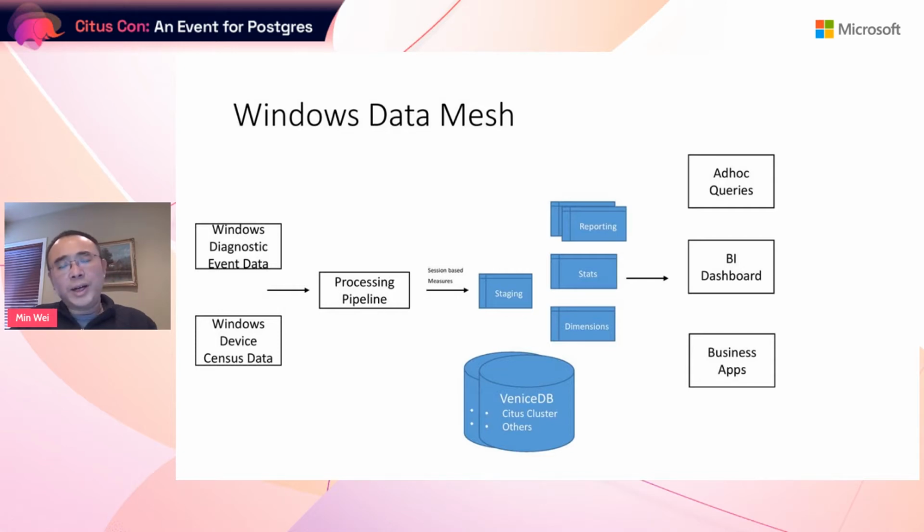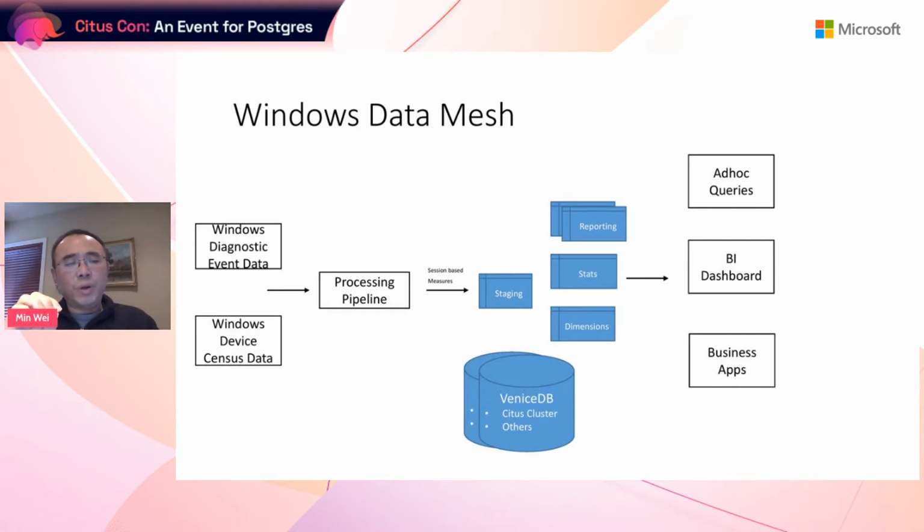So let's look at the data flow a bit. Inside Windows Data Engineering, we have a processing pipeline. It stitches or sessionizes the Windows diagnostic events and turns them into what we call session-based measures.